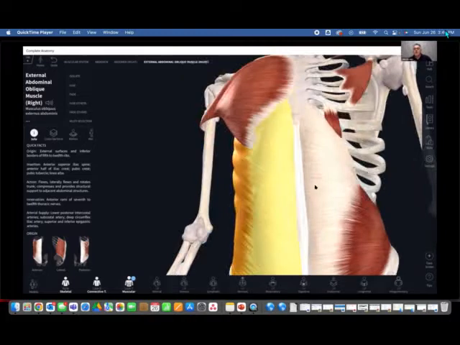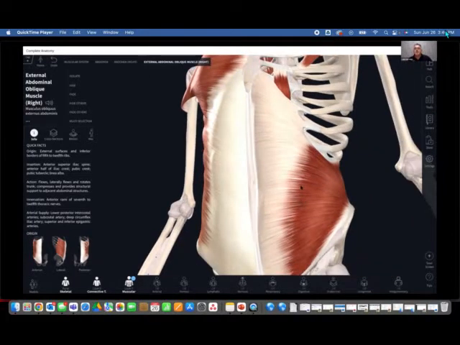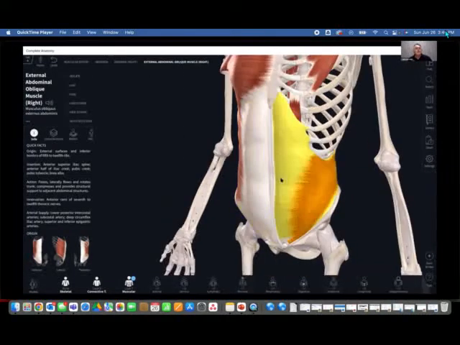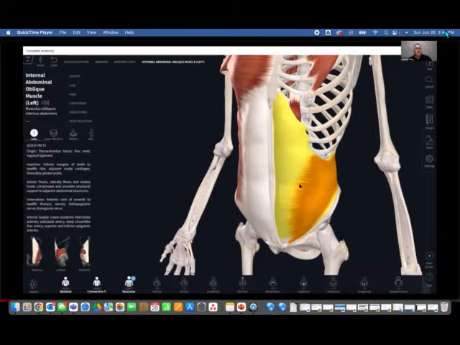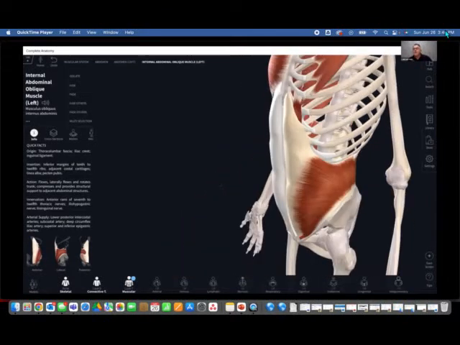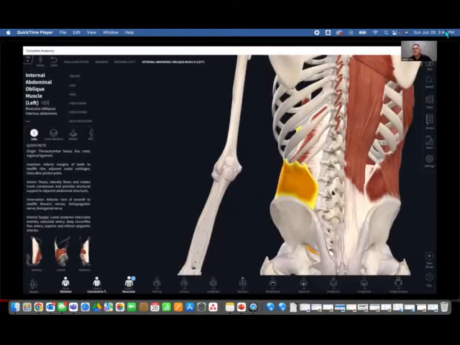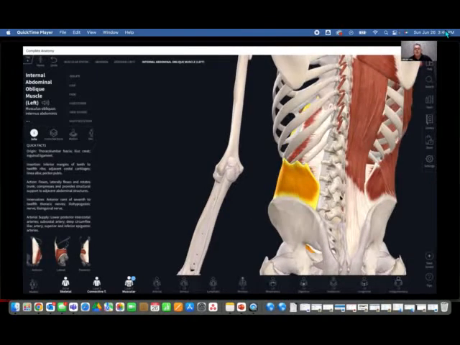Okay, we look at our internal oblique. Here our origin is the thoracolumbar fascia, which for some reason is hidden. Anyway, the thoracolumbar fascia that sits in this area. Also the iliac crest and the inguinal ligament.